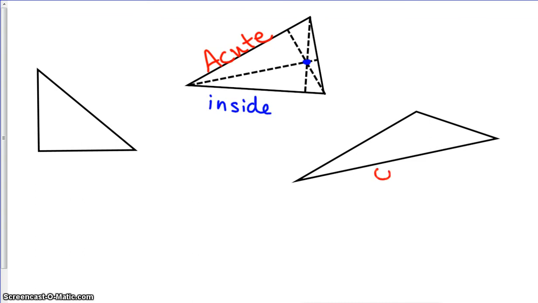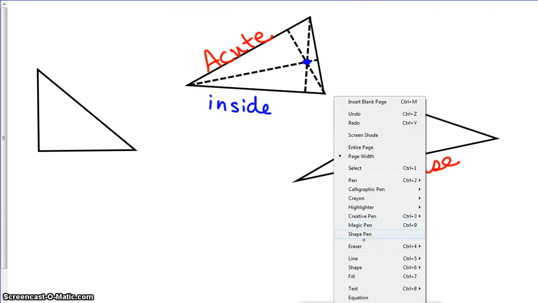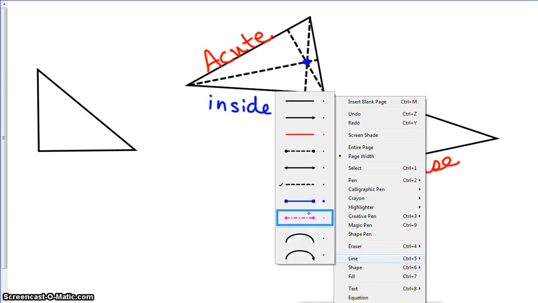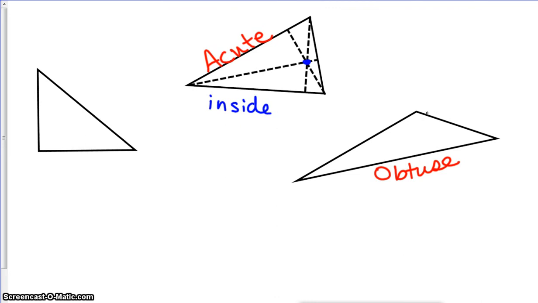Now we have obtuse, and I want to do the same thing with the lines. I need to actually extend the sides of the triangle first. So I'm going to extend this side out, extend this side out. Then I'm going to go back and get my dashed line. From this vertex to this side, you'll notice there's nowhere I can go that would make a right angle.